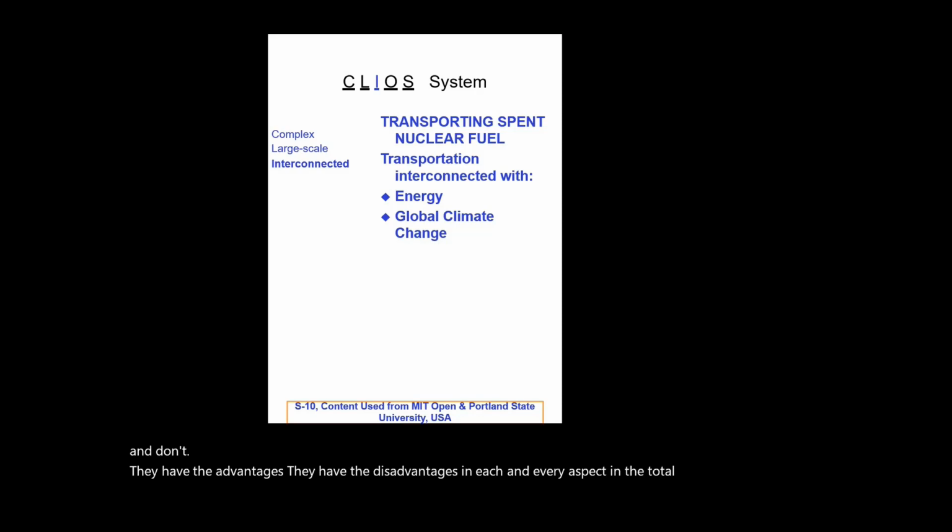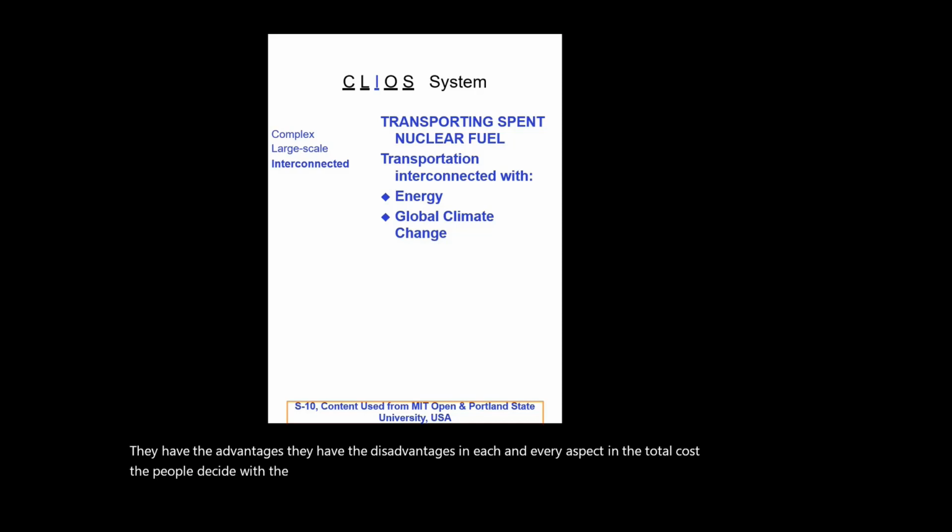The people decide by voting which project is better. That's a practice still in Germany, in Netherlands, in Austria. That's why they are proud. Okay, we are going somewhere else.